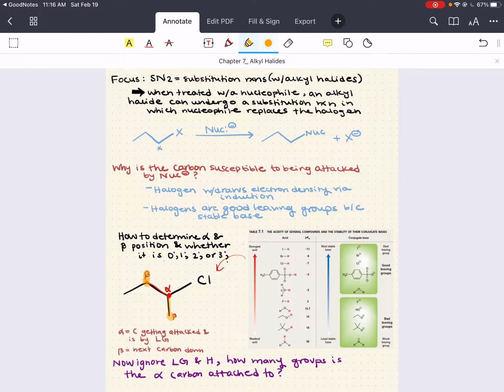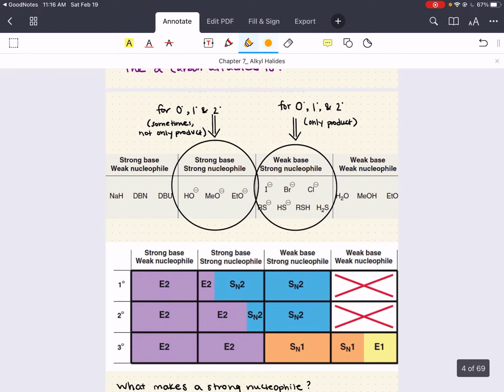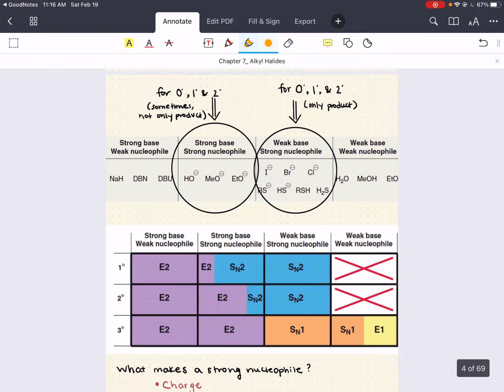We know how to assign alpha and beta positions, and then how to go about assigning primary, secondary, or tertiary assignments to those positions. Now, with this basic information, which we will obviously build on more with practice problems, we can start to quickly go over these two very important details and then finally get into SN2.